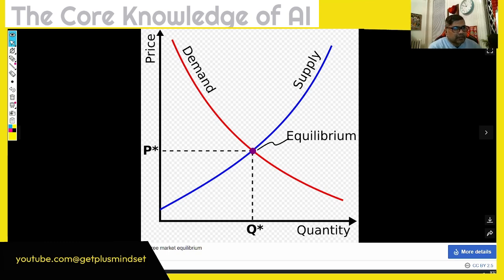Let us try to understand this graph. Here you can see a blue line. What does this blue line indicate? When price is low, quantity of supply is low, this represents the quantity of supply, and the red line is representing the quantity of demand. Let us take an example of this point.